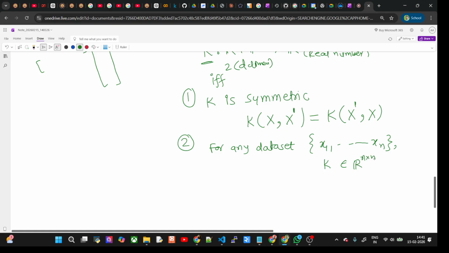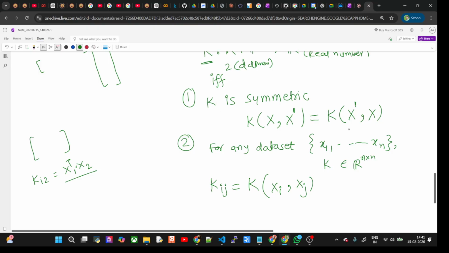Here k of i comma j, because instead of calculating the bigger matrix, we can calculate k of 1 comma 2, where x transpose 1 and x of 2, these pairwise dot product calculations. So with xi and xj, I put the xi value and the xj value into the kernel, and then I try to figure out whether this should also be symmetric.